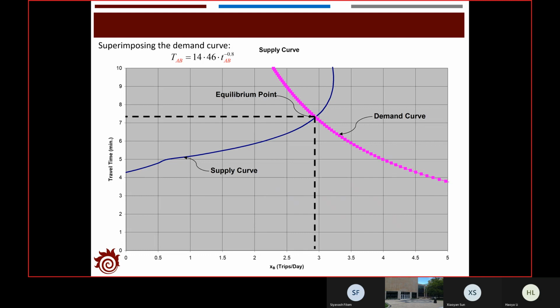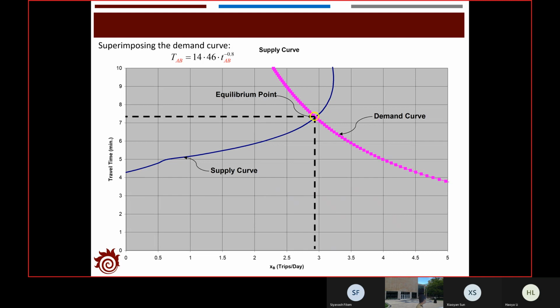These two lines will intersect with each other, and the intersection would be the equilibrium point. With that, you have the number of trips around 2.9 and the travel time around 7.3 or 7.4 minutes.